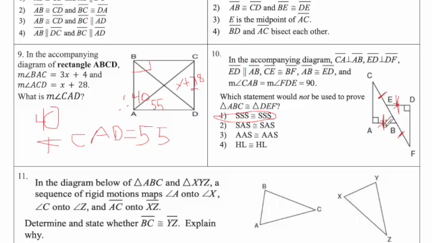Over here, I'm already seeing a side. And because these two are parallel, we have these angles that are congruent. So I already see angle, side, angle, but that's not there. Also, I know that CE and FB are congruent. If I add EB to CE, I get CB.